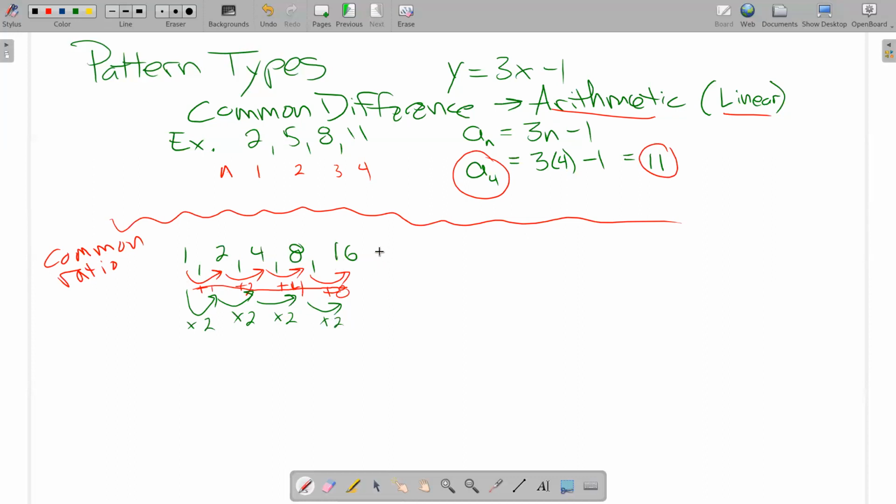So 16 times 2 is going to give me the next term of 32, times 2 is going to give me 64, and so on. So instead of repeated addition like I had above, now I have repeated multiplication. And hopefully you remember repeated multiplication is an exponent.